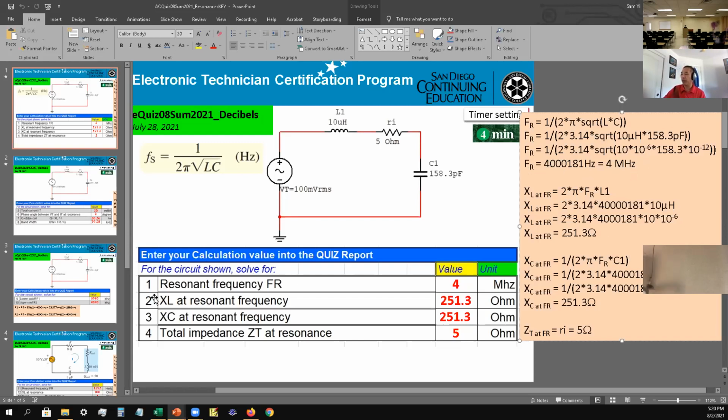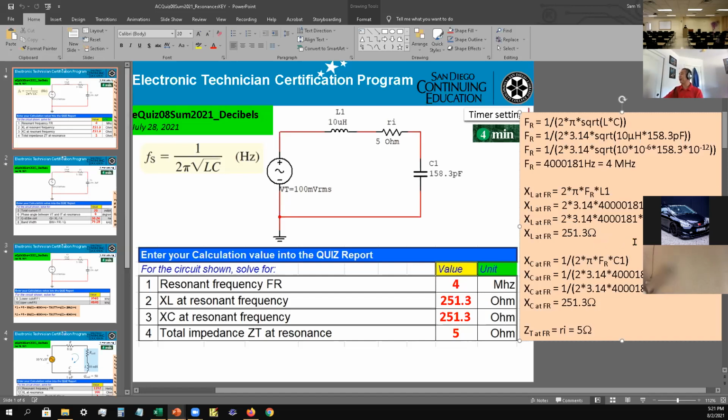The next one, number 2, they want XL at resonant frequency. So XL at resonant frequency equals 2 pi times FR times L1. That's 2 times 3.14 times 4 megahertz times 10 microhenry.